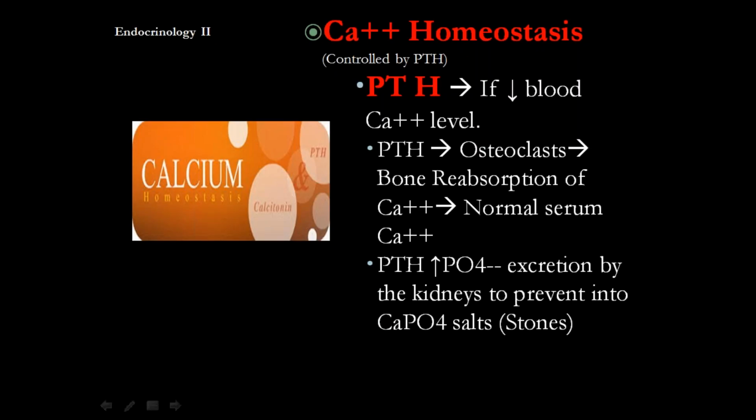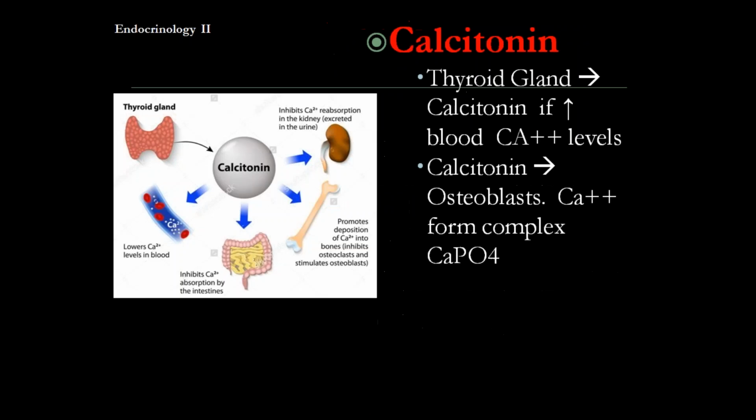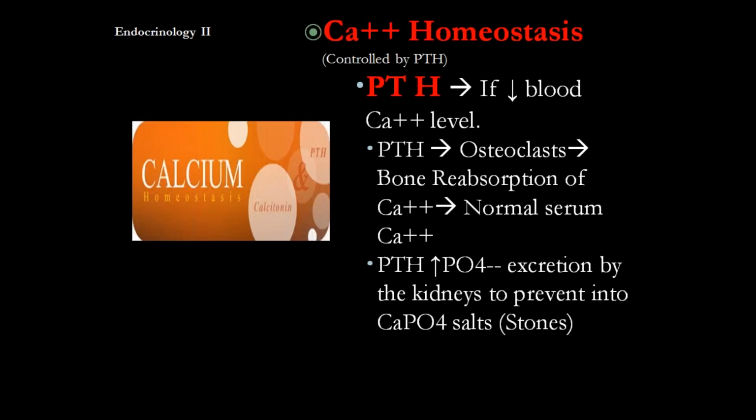Calcium phosphate salts are going to form the bone. And if you have excess of calcium, it can lead to the formation of stones in the kidneys. There are two hormones, PTH and calcitonin. Calcitonin is produced by the thyroid gland and PTH by the parathyroid gland.